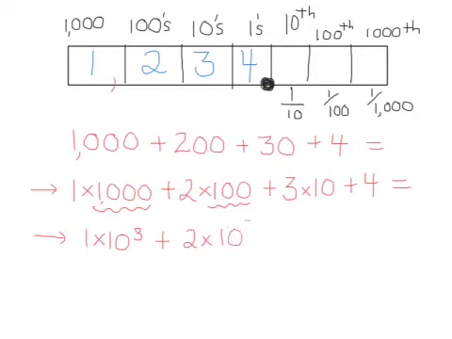We know that 100 can be written as 10 squared. And then 10 is the same. We don't say 10 to the first power. And my 4 is not multiplied by anything. So my expanded form using exponents is 1 times 10 to the third, or 10 cubed, plus 2 times 10 squared, plus 3 times 10, plus 4.